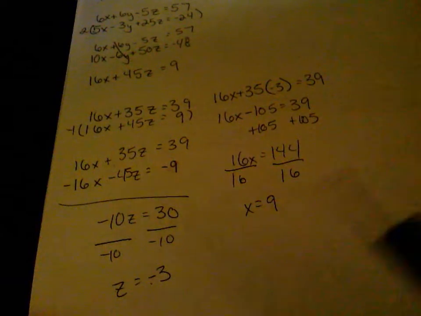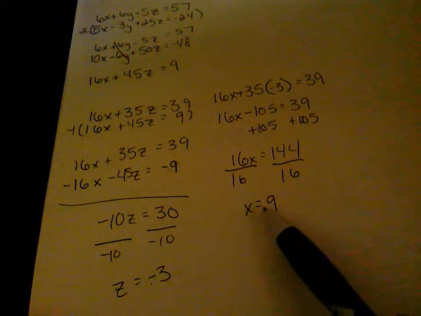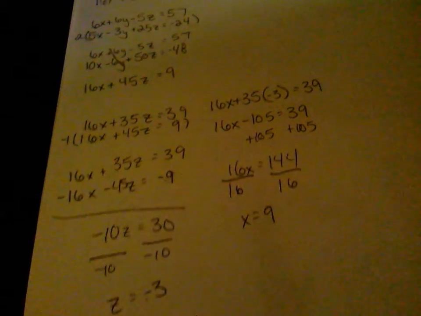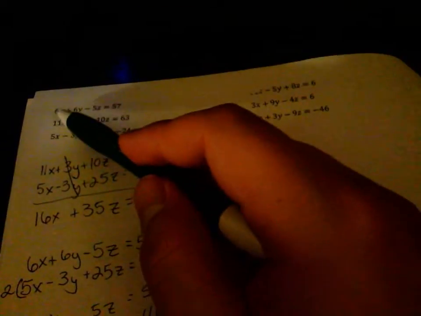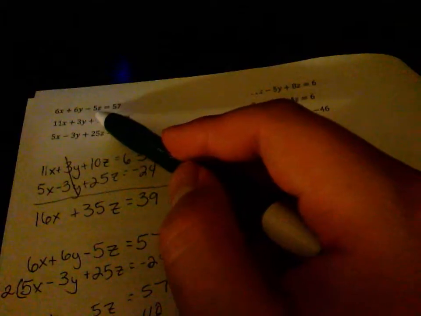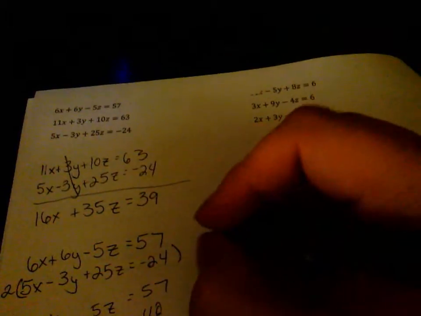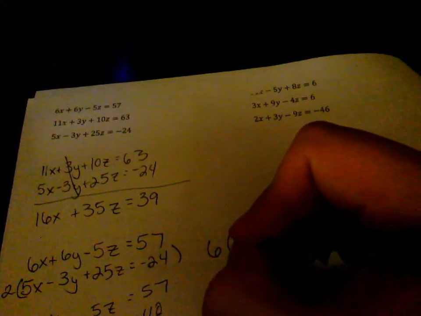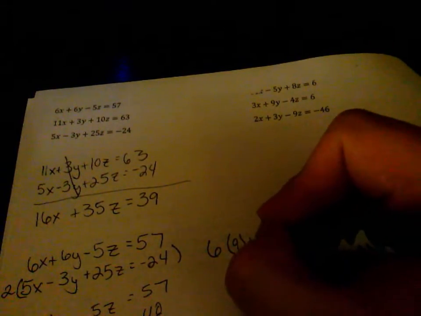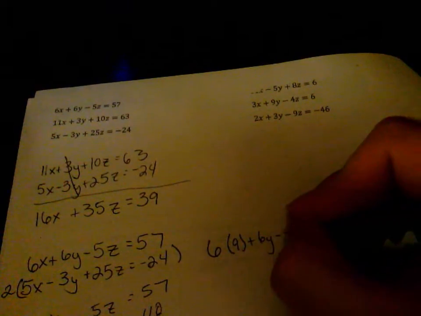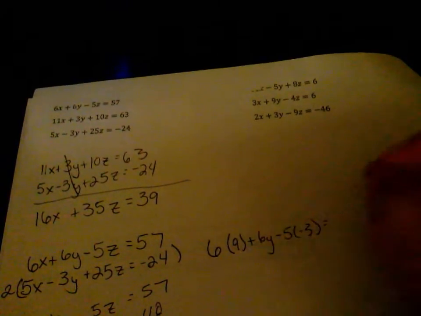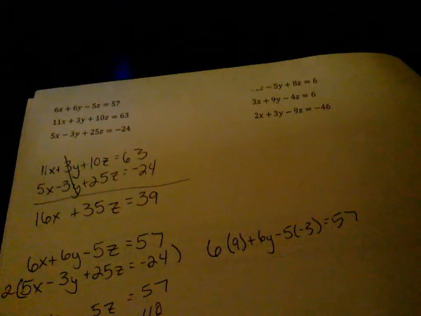Now I need to get my third variable. Since I have two of these variables, I can go back to our original equations and plug in for the two variables to leave one variable left over. So I'm going to take this first one and plug everything in. We know x is 9 plus 6y minus 5 times negative 3 equals 57.